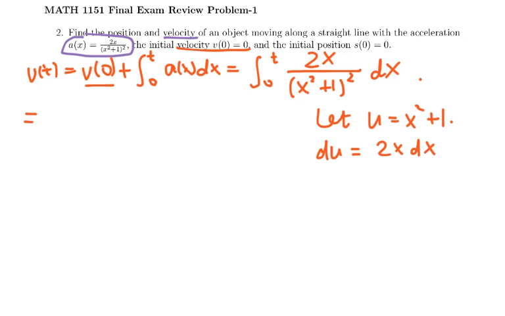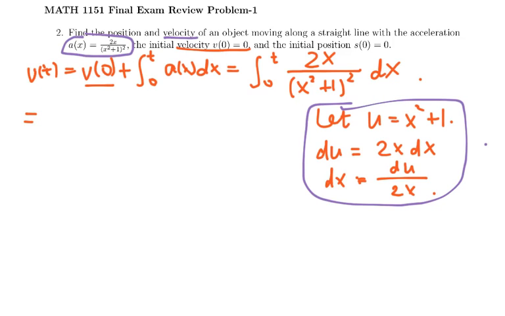We differentiate the left hand side with respect to u and the right hand side with respect to x, and we have du equal to 2x times dx. Then we solve for dx, and this is equal to du over 2x. Alright, this is the setting for the change of variable.